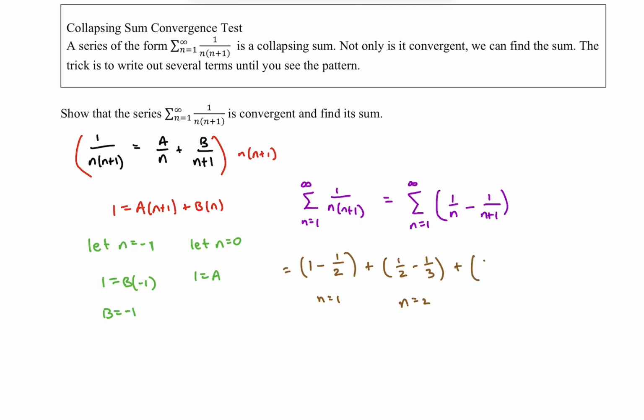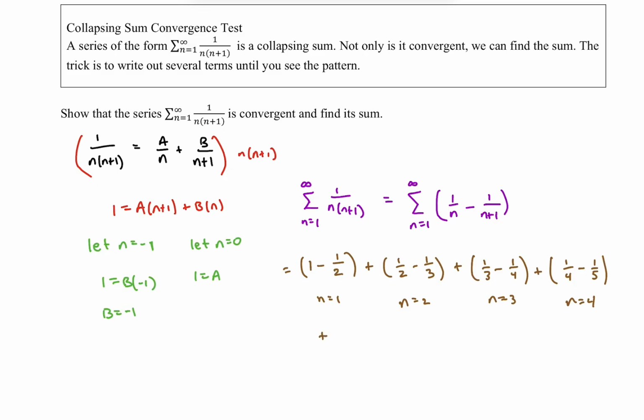If n is 3, we get 1/3 minus 1/4. We'll do one more here. So we have n is 4, so we get 1/4 minus 1/5. All right, so we have the first 4 terms listed out.